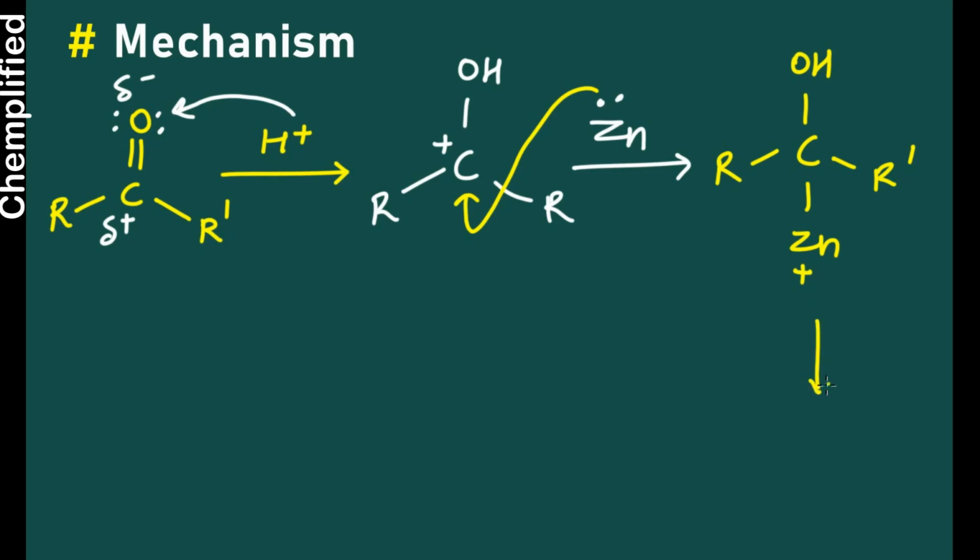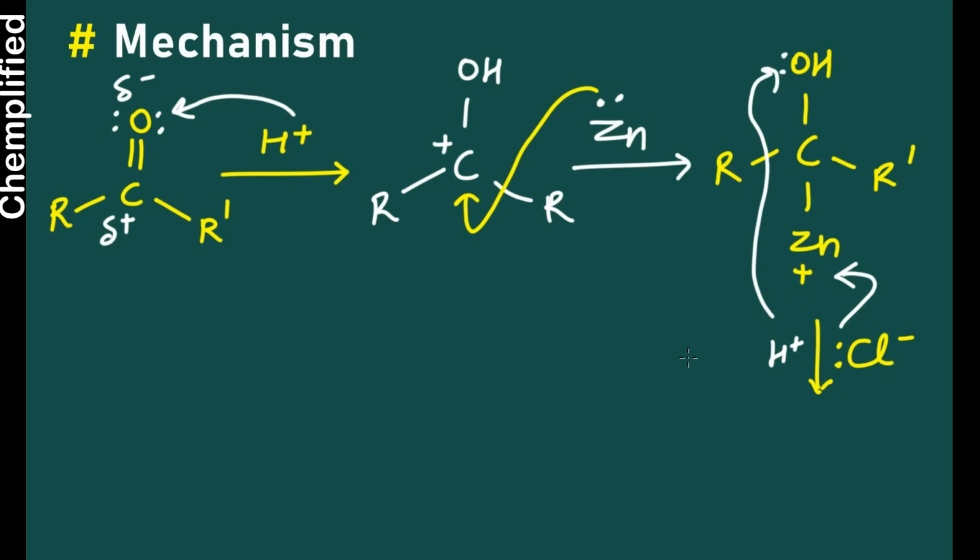Now what happens is, there comes chlorine, Cl minus. Now chlorine has a lone pair of electrons. This lone pair of electrons will now attack zinc, and it will give you another product. And there is also H plus, and this H plus will attack the oxygen, because oxygen has another lone pair.